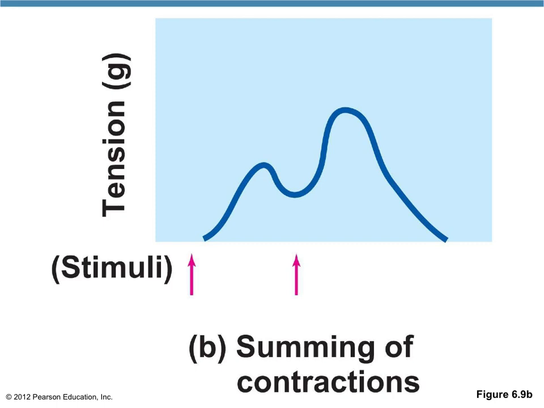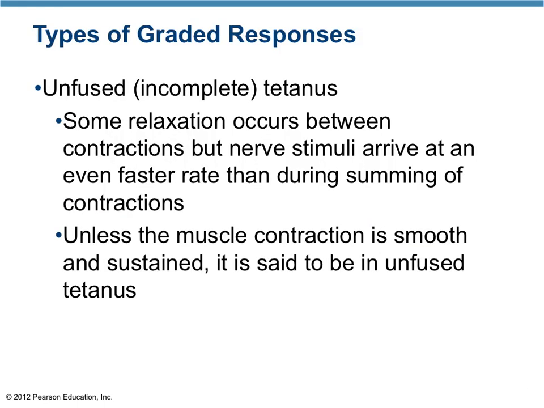Another type of graded response is unfused or incomplete tetanus. It's essentially a longer term summing of contractions, right? So some relaxation occurs between contractions, but nerve stimuli arrive at an even faster rate than during the summing of contractions. Unless the muscle contraction is smooth and sustained, it's said to be unfused tetanus.